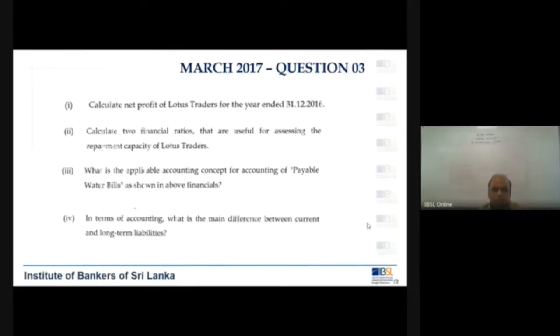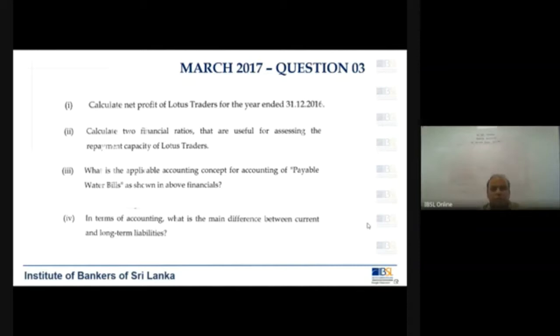Then they are asking to calculate two financial ratios that are useful for assessing the repayment capacity of Lotus Traders, which I am going to leave now because we have to do financial ratios first, then only we know, right? We will leave it at this point.